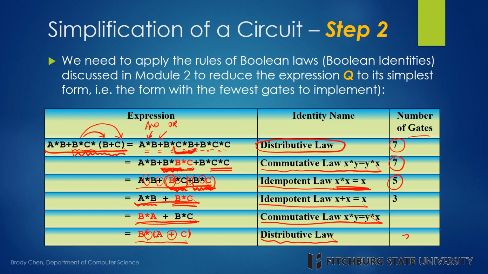So this has two. Before, we still had three logical operators: two AND operators and one OR operator. So we had three. Okay, so that's basically the simplest form, we believe.